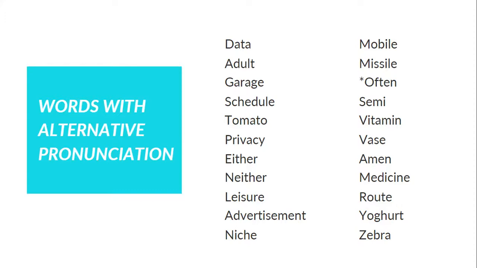Then route, British. Americans could either say route or route. Then this word, yogurt or yogurt. So the word could be yogurt or yogurt, whether in British or American English. Now, Americans do more of yogurt. Then there is the final word, zebra or zebra in British English, right? But Americans tend towards the zebra for this word.